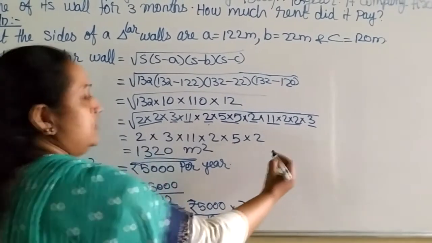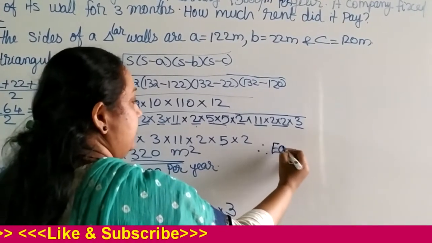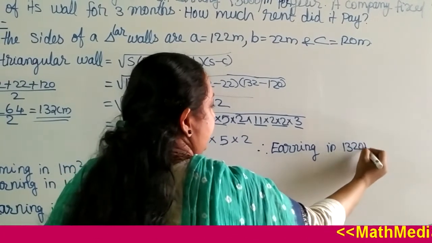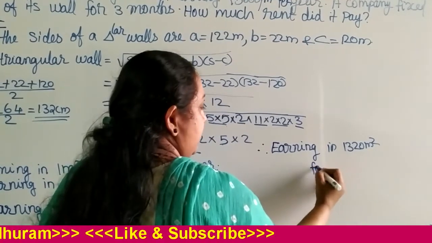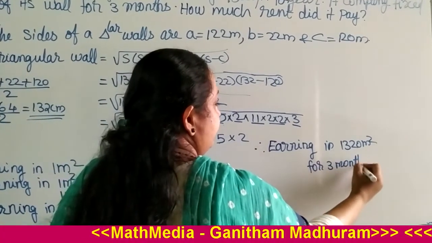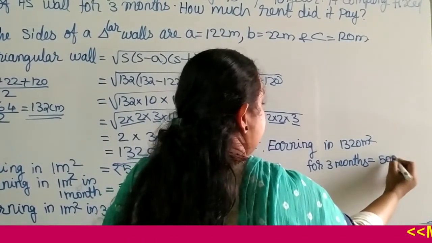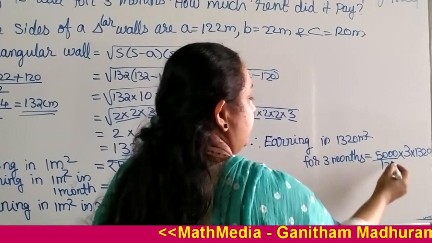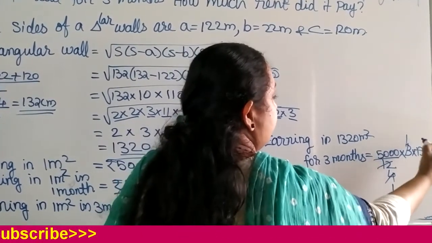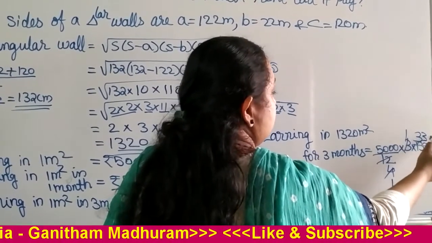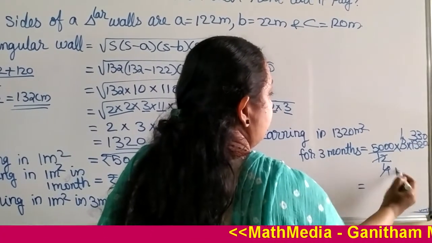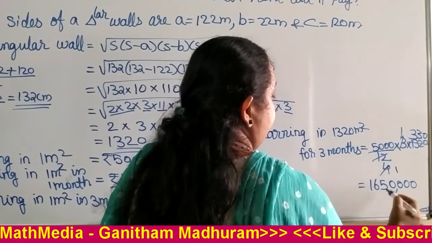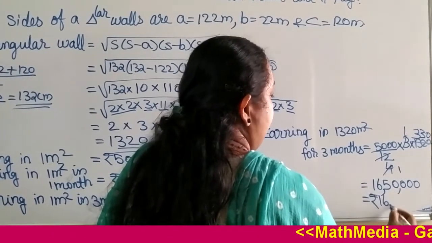So, we can find, therefore, the earning in 1,320 meter square for 3 months equal to 5,000 upon 12 into 3 multiplied by 1,320, equal to rupees 16,50,000.